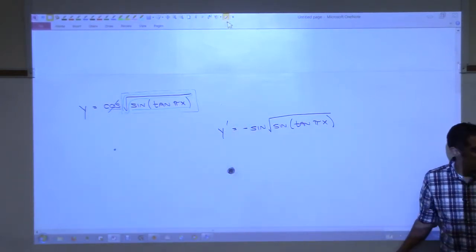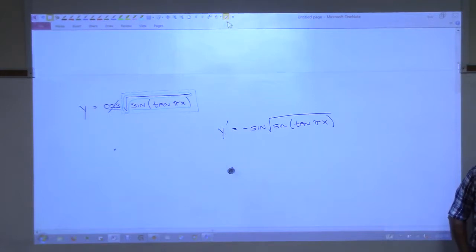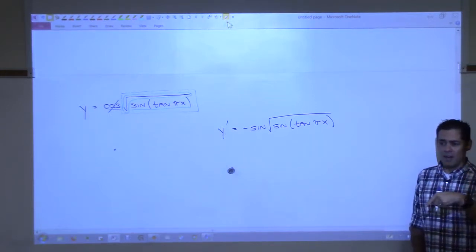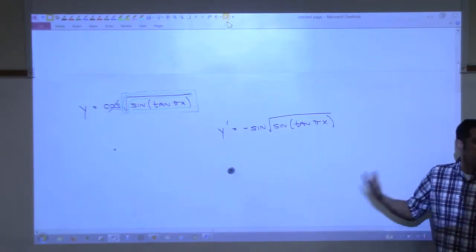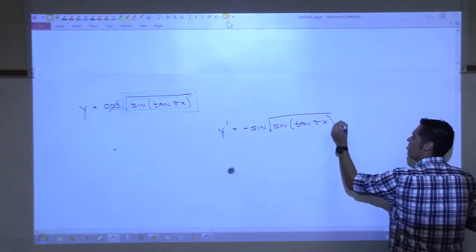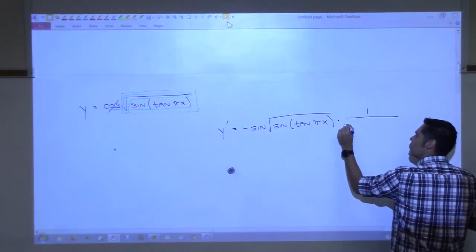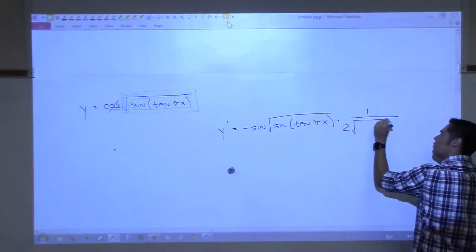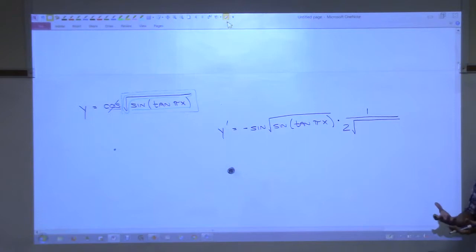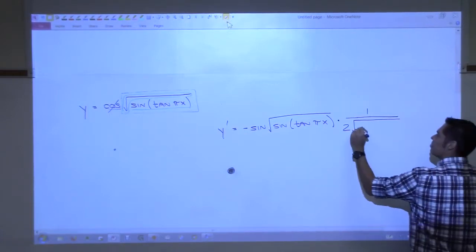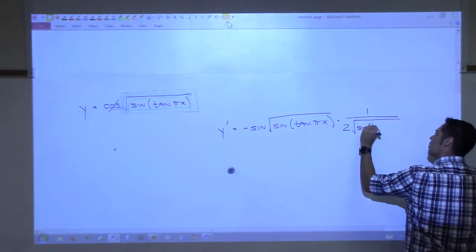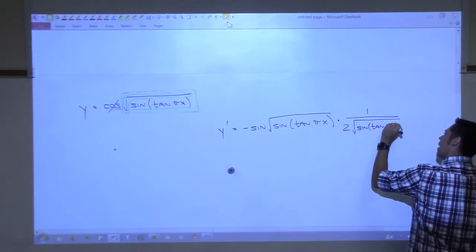So what is the derivative of the square root of something? 1 over 2 times the square root of that something. So I'm going to say times 1 over 2 times the square root of whatever that something is. And that something for us is sine of tangent of pi x.